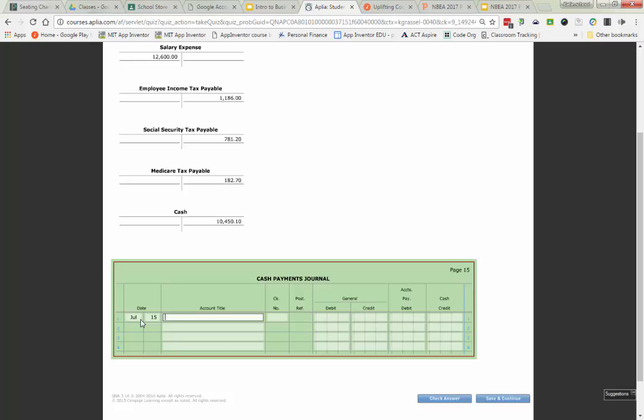And now I need to make sure that I have them listed in the correct order. What is the correct order? Your payroll register left to right. So it's going to be salary expense and then employee income tax payable, all of the columns. And in this case, for how we have our T accounts, because they didn't give us our payroll register, it would be the order that they're listed above. So I'm going to have salary expense debited.